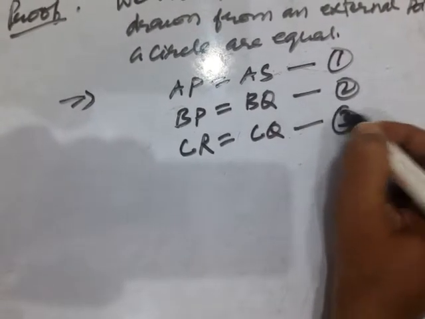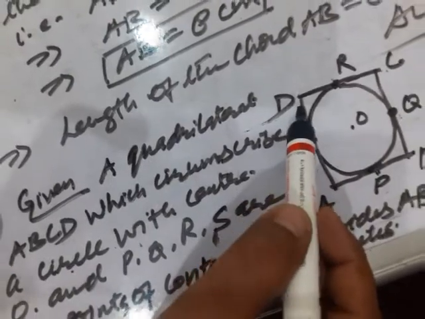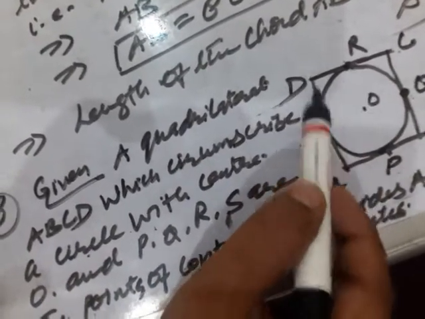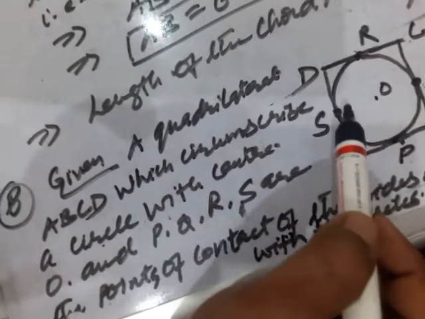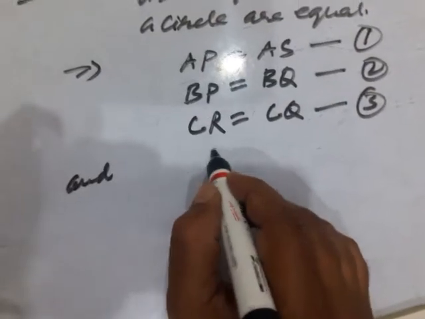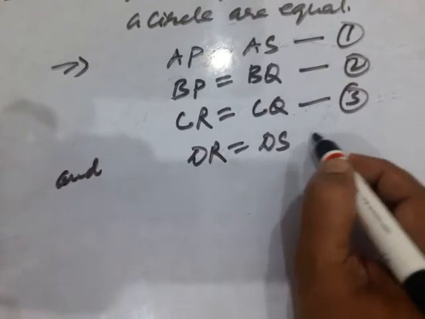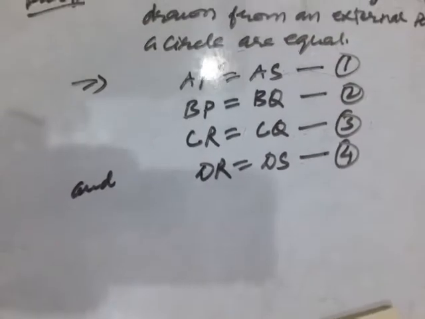Let it be equation number 3. And again, if D is an external point, then DR and DS are two tangents at points R and S respectively. This implies that DR equals DS. That is equation number 4.